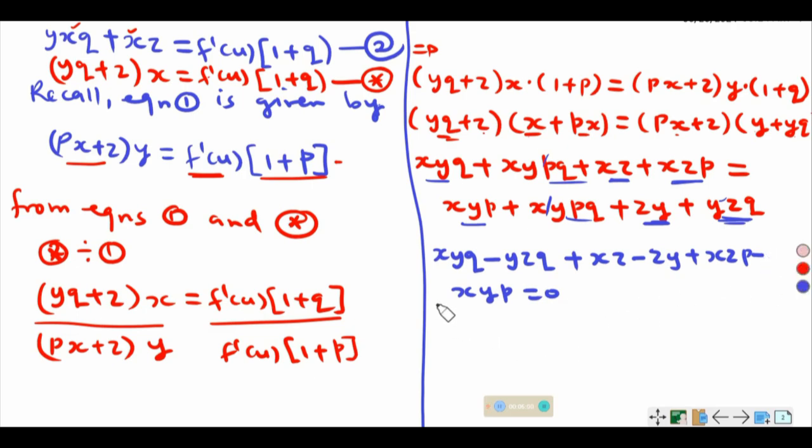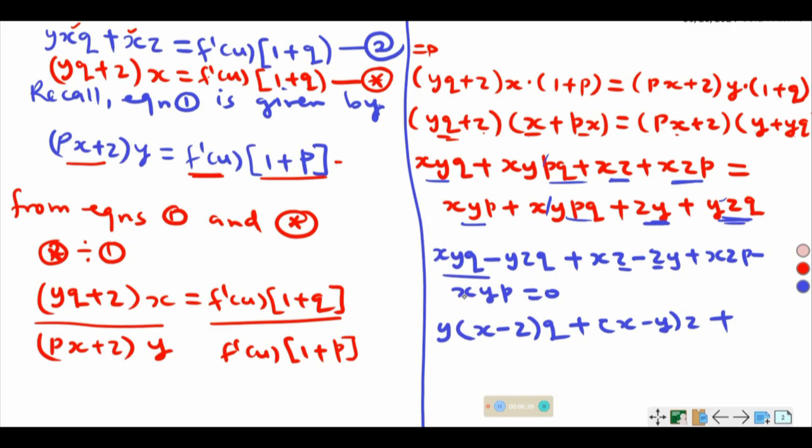So we shall try to collect some of the rest. We shall try to factorize. Here we realize that yq is common, so we can say y into this will remain as x minus z into q, plus we realize that z is common here, that will be x minus y into z, plus this is xzp, this is xyp.